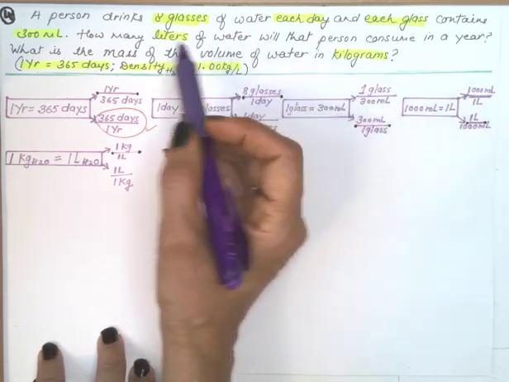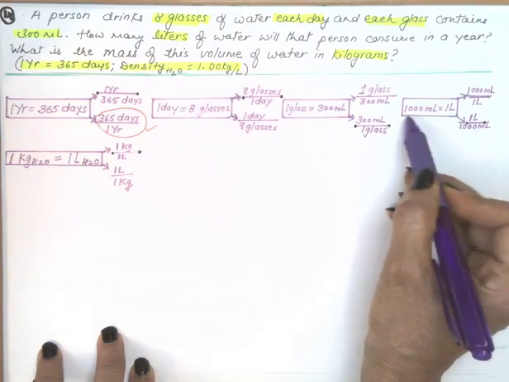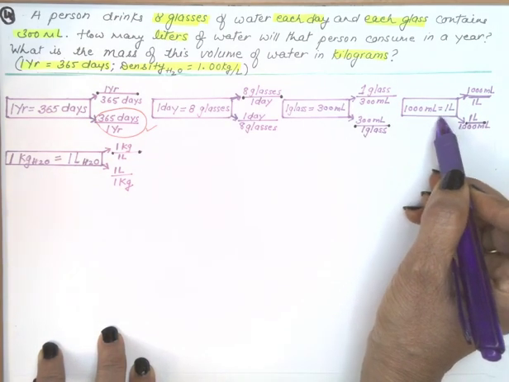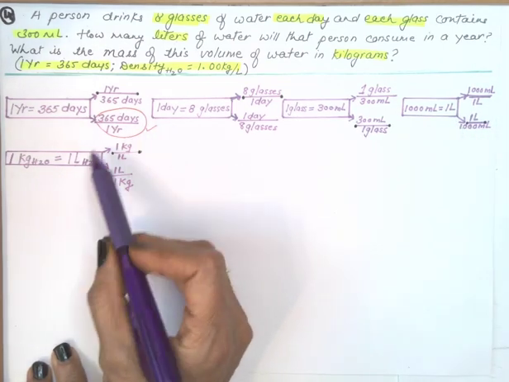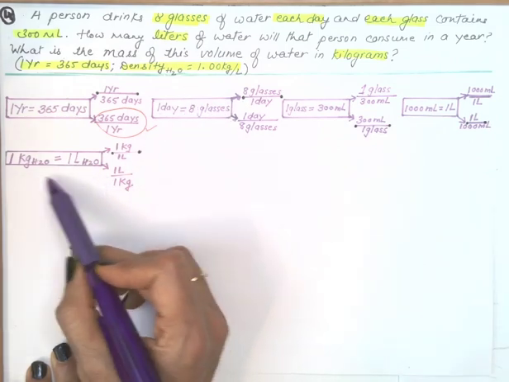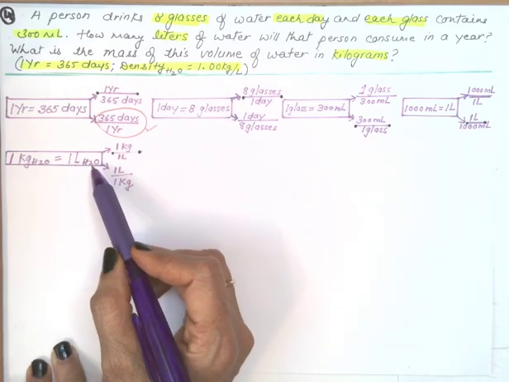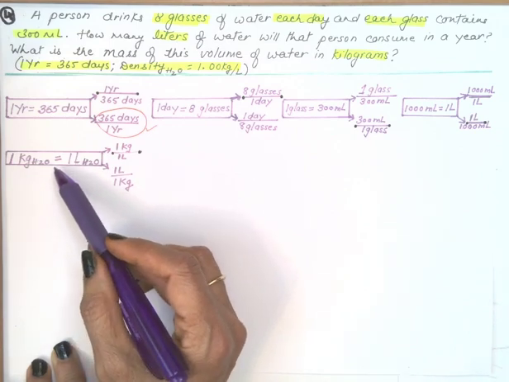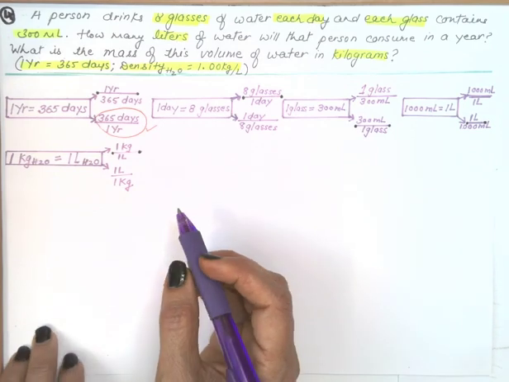So we need another equivalent between milliliters and liters. So here you go. This is the statement for milliliters and liters. So this is our next one. And the last one is right here, which I made from here. And this is true only for water because a liter of water is the one that weighs 1 kilogram, but not every liquid.